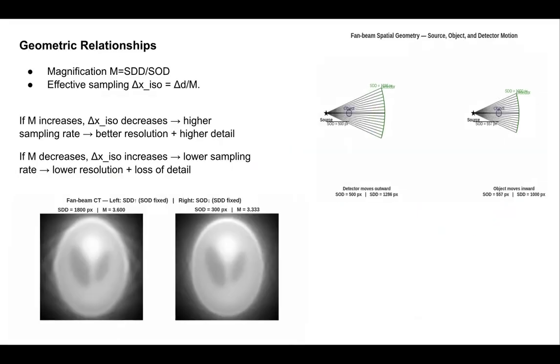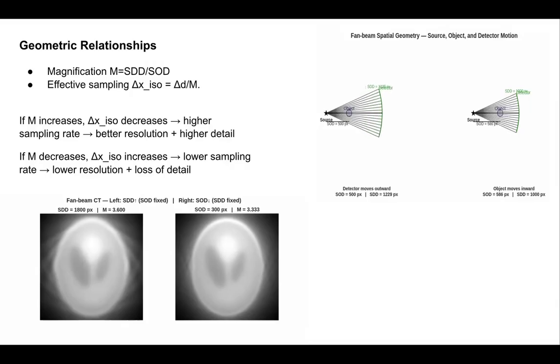Next, we will discuss the geometric relationships and how they impact beam geometries. The first formula we see is magnification represented by the SDD over SOD. To explain further, moving the detector farther from the source, increasing source to detector distance, in this case SDD, or moving the object closer to the source, decreasing source to object distance, SOD, both result in higher magnification.